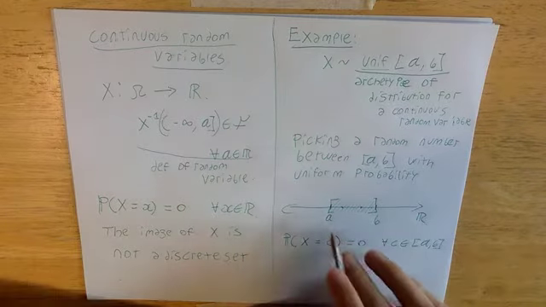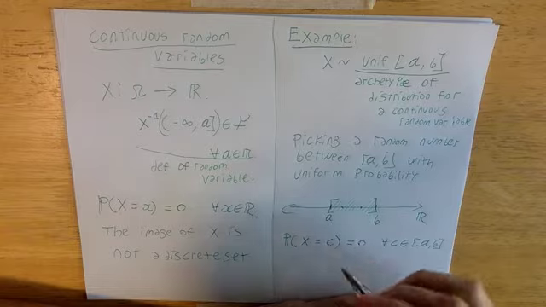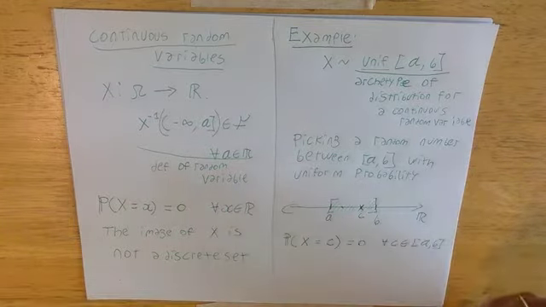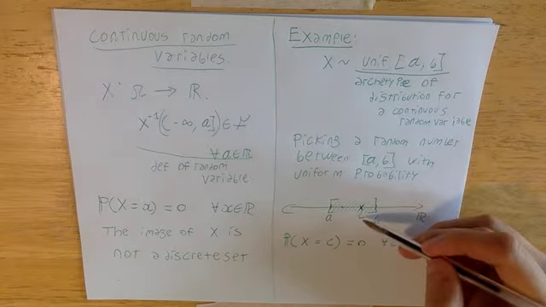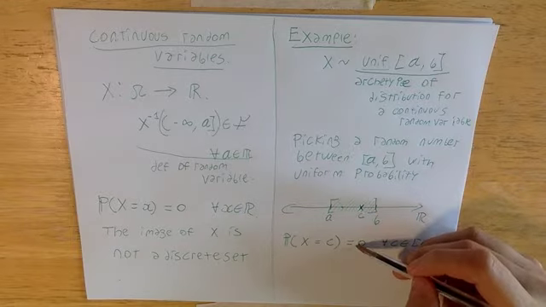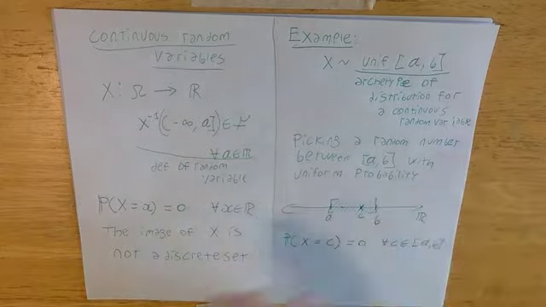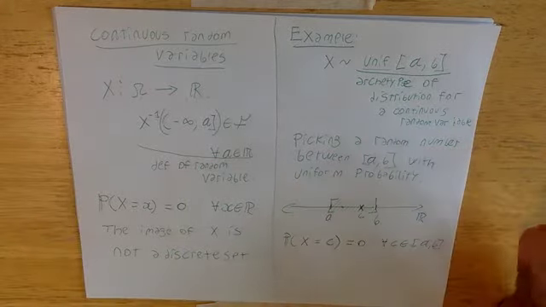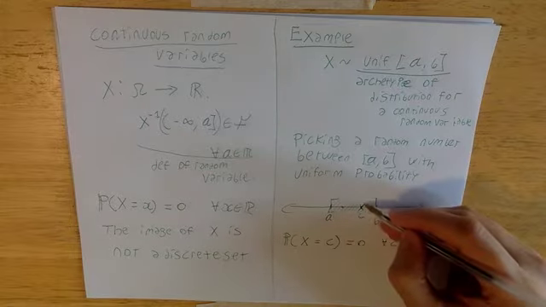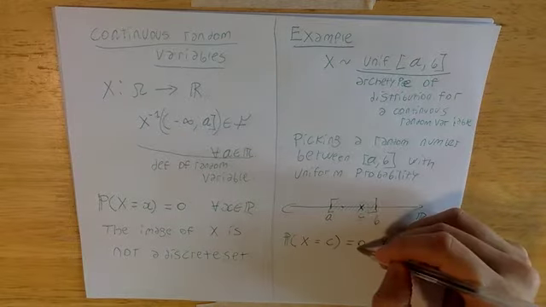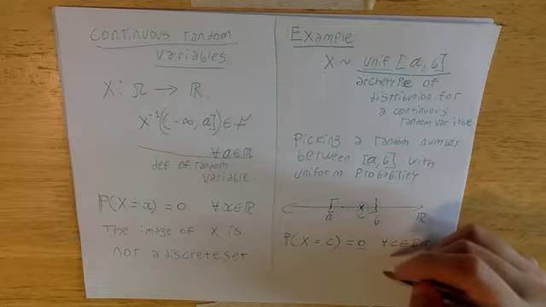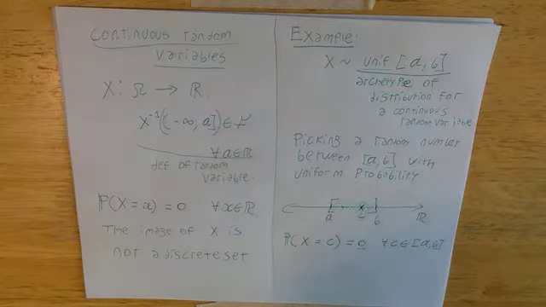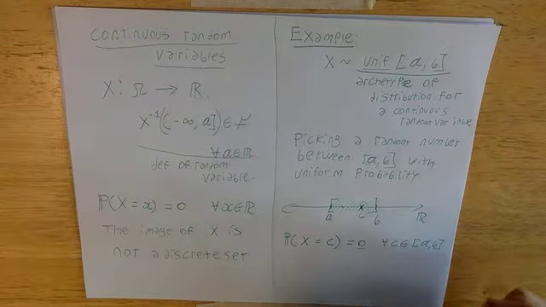If you're picking a random number between A and B, and you choose this number here, c, the probability that you actually get that exact number is 0. So this is the difference between discrete random variables and continuous random variables. In the continuous case, the probability of getting an exact point is equal to 0. And so what you can get is the probability of being in an interval, okay?